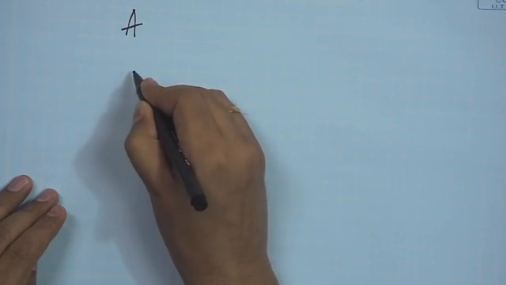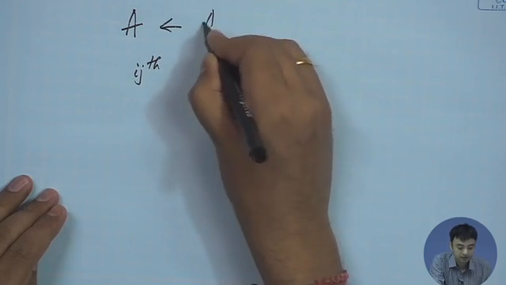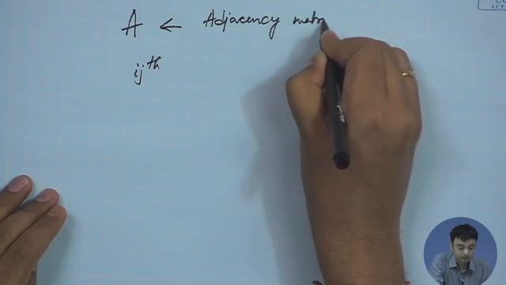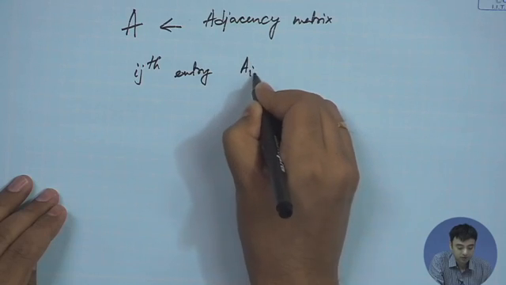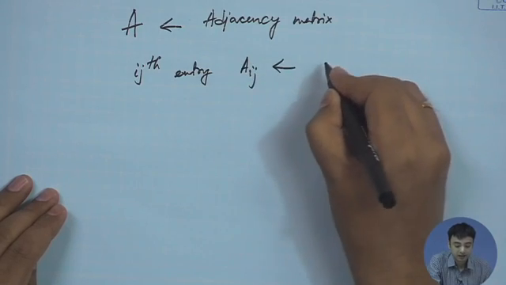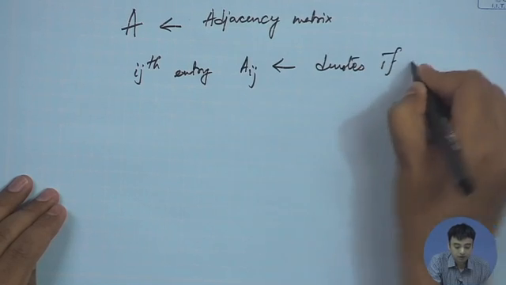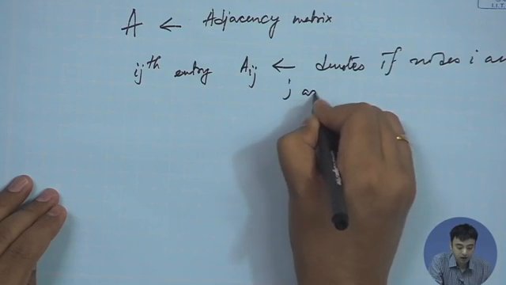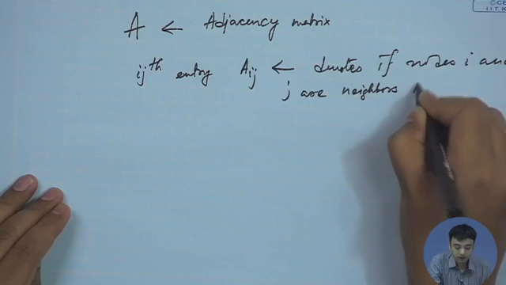If I call that adjacency matrix A, the ijth entry, which we sometimes refer to as Aij, denotes whether nodes i and j are neighbors in the network.